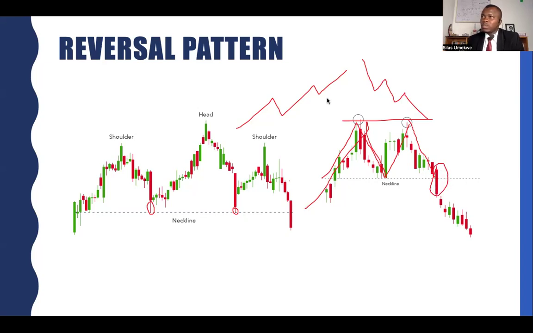Once this candle closes, then you can confirm that yes, this is actually a sell trade, or that this pattern has actually formed. Then you can go ahead and set your sell right around here and set your stop loss either here or somewhere. Just look for a convenient area to set your stop loss. You will be fine.